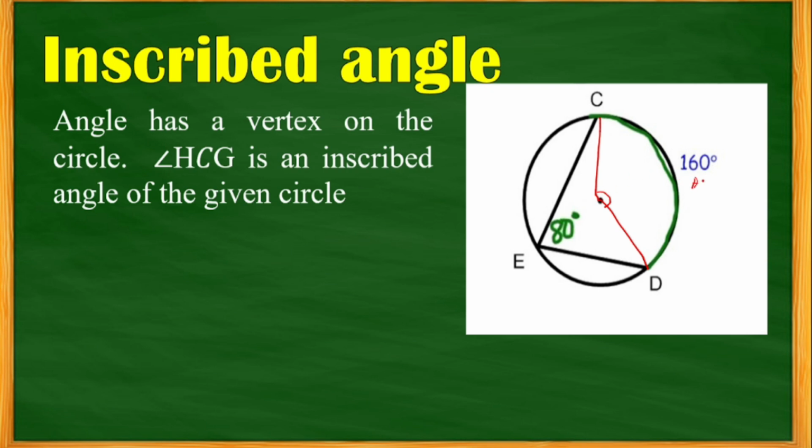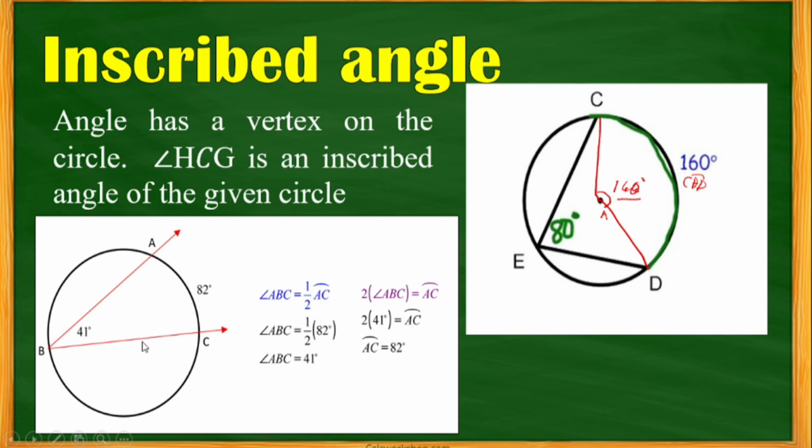If arc CAD measures 160 degrees, the central angle is also 160 degrees because the arc measure is equivalent to the central angle. Then the inscribed angle is half of the central angle. So if the central angle is 160, half of it is 80.